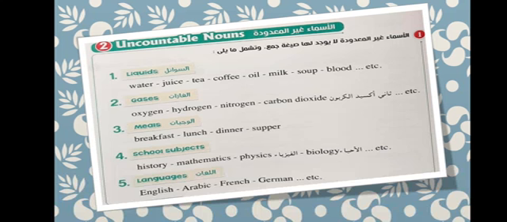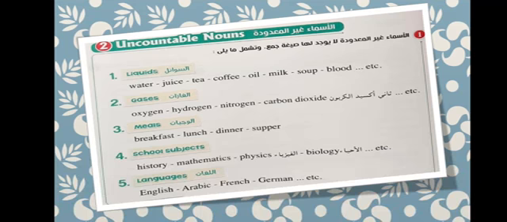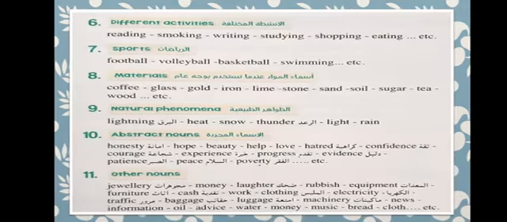Meals like breakfast, lunch, dinner, supper, school subjects like history, mathematics, physics, biology, languages like English, Arabic, French, German, etc. Different activities like reading, smoking, writing, studying, shopping, eating, sports like football, volleyball, basketball, swimming.